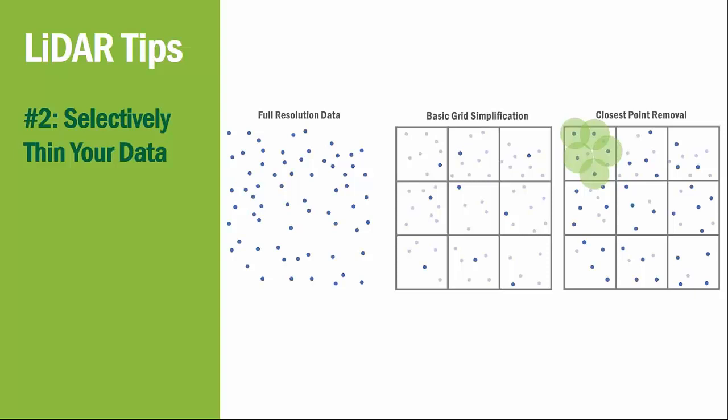The second method is closest point removal. This thinning method utilizes both minimal distance and defines simple grid size. This is the farthest right figure you're looking at. Multiple points per grid can be retained if they are further than the minimum distance. The minimum radius is represented in the first grid cell by the green circle.